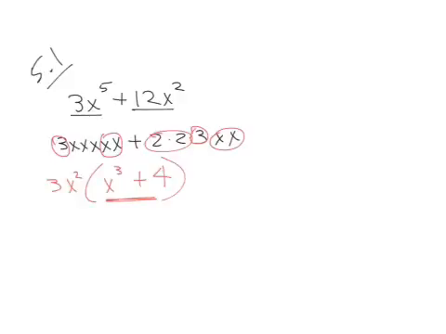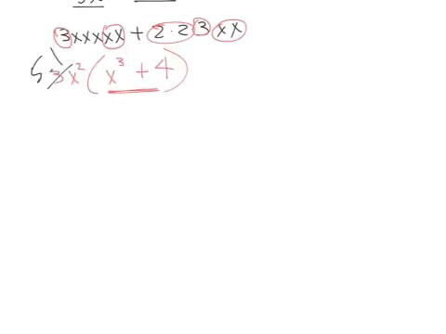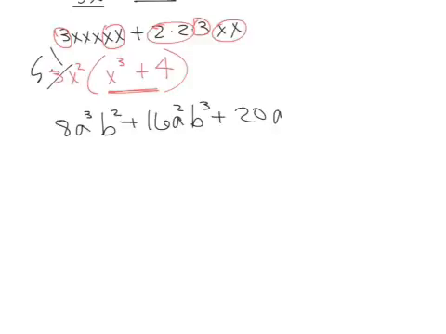Let's look at example number 2. And we have 8a cubed b squared plus 16a squared b cubed plus 20a cubed b cubed.